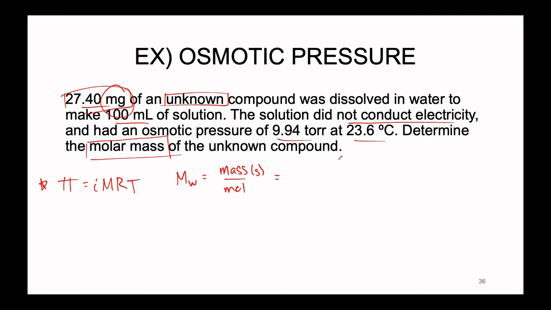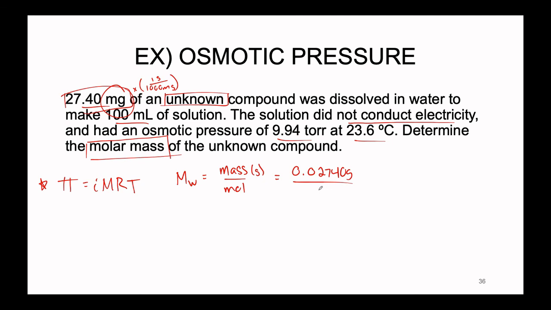How we do so is by acknowledging that there are 1,000 milligrams inside of every one single gram. So we need to divide by 1,000 in order to get into the unit of the gram. So in the numerator of our equation, we will have 0.02740 grams of this unknown compound.